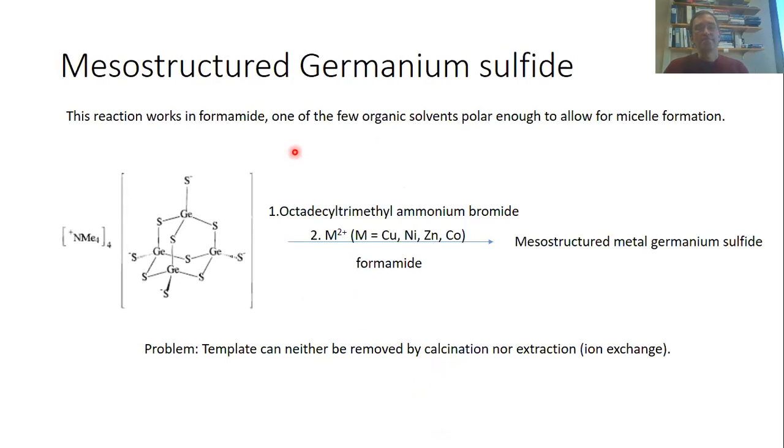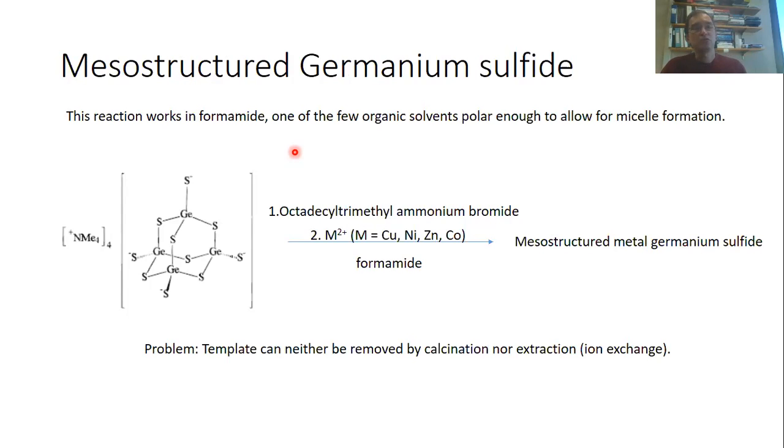All right, so carbons are not the only kind of materials that are non-oxidic and can be assembled into a periodic mesostructured form. One can also expand this concept to, for example, sulfides. But when you go to sulfides that are potentially prone to hydrolysis, you have to switch from an aqueous solvent to a non-aqueous solvent.